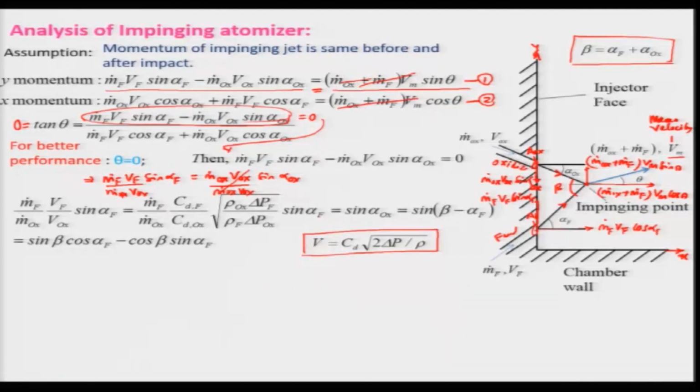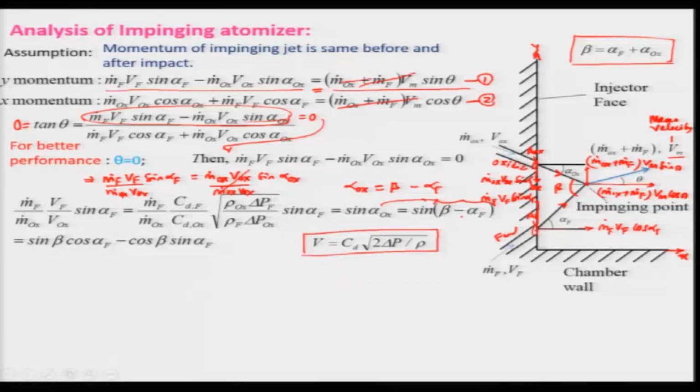And you will find that the right side is nothing but your sin alpha Ox, but we know that alpha Ox is beta minus alpha f. So instead of alpha Ox I can write beta minus alpha f here.